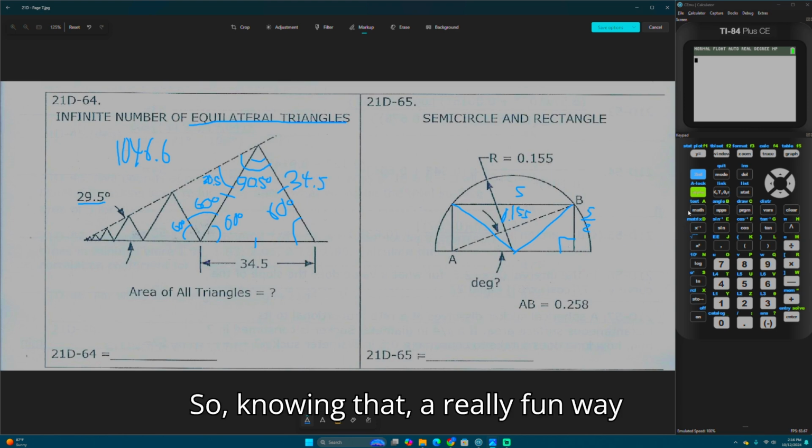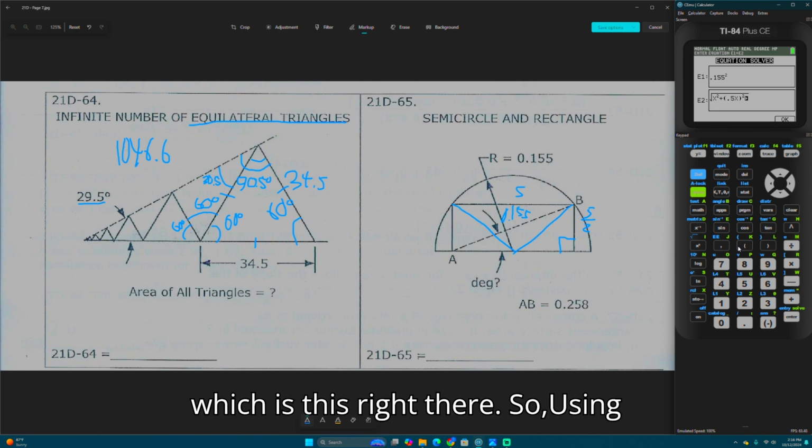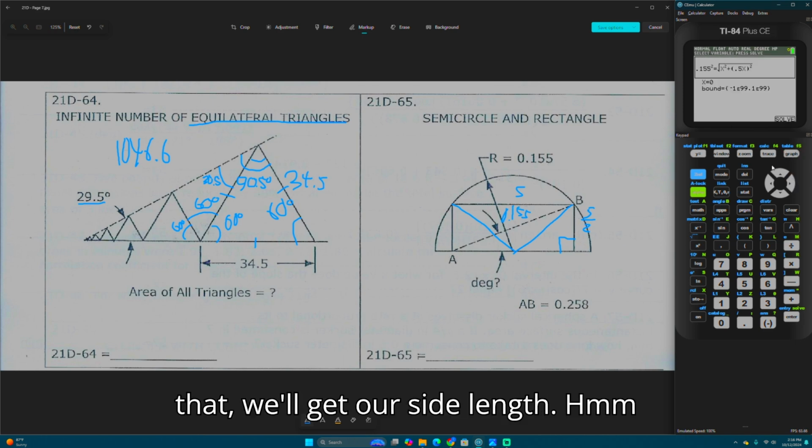So, knowing that, a really friendly way to solve for it is 0.155, the hypotenuse squared, is equal to x squared, this whole base squared, plus 0.5x squared, which is this right there. So, using that, we'll get our side length.